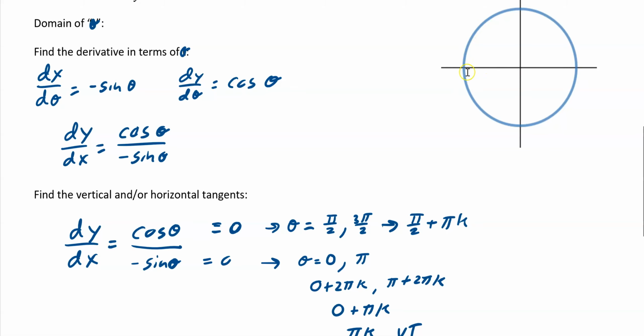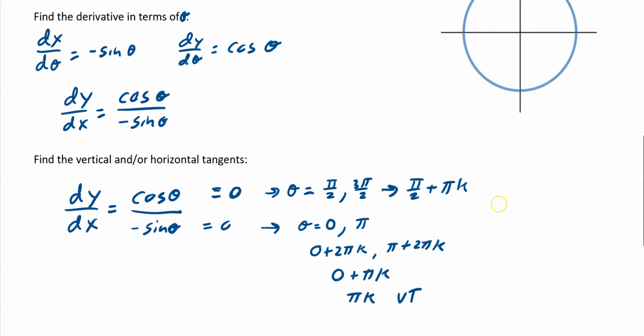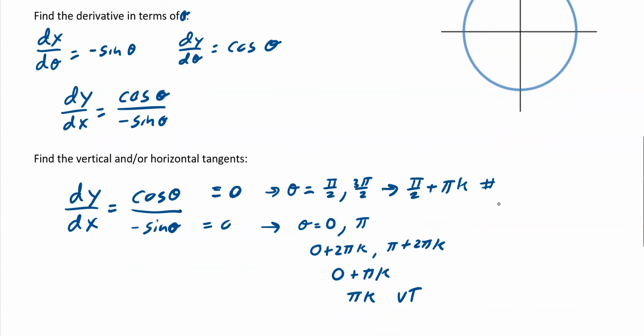So it's 0 and pi. And cosine here is 0, so it'd be 0 here and here and then here. And so it's just going to keep repeating. So these would be our horizontal tangents. So when theta is equal to pi over 2 plus pi k, we get a horizontal tangent. And when theta equals pi k, we get a vertical tangent.